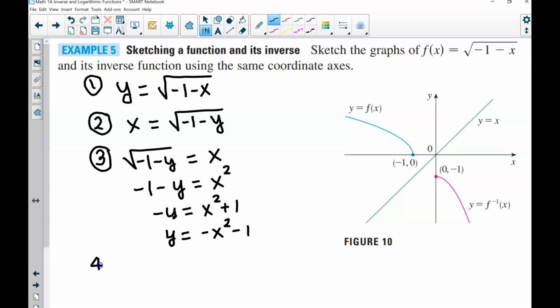So the inverse of that function is equal to negative x squared minus 1.